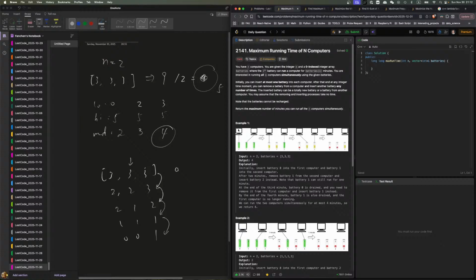Yeah, so all the batteries support one of them, right? And then we will shift them. Well, not really shift them, we will get help.